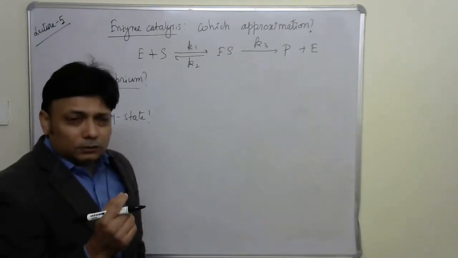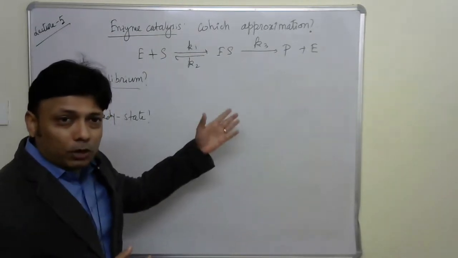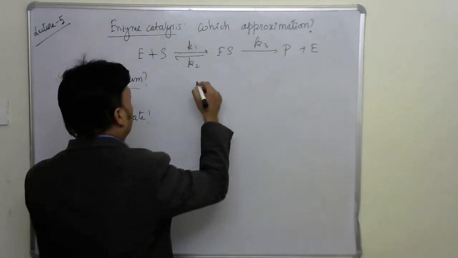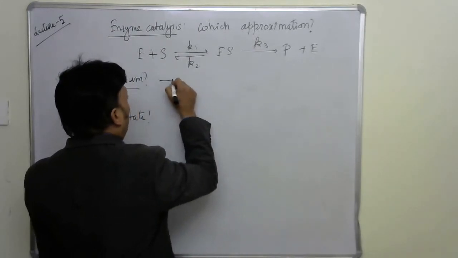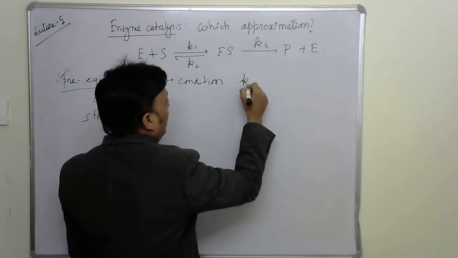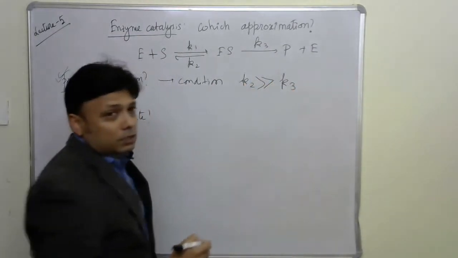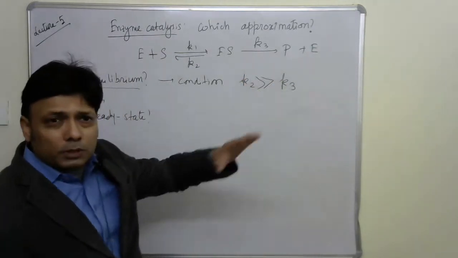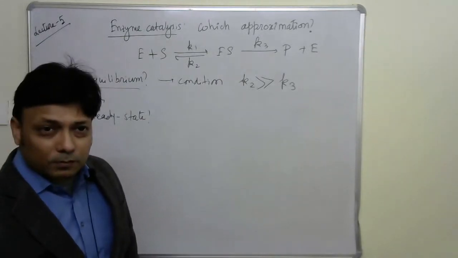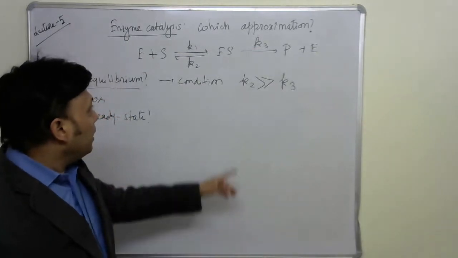If we remember, the sole condition to be satisfied for the pre-equilibrium approximation, we figured it out in lecture number 3, is that k2 has to be much greater than k3, or in other words, the final rate constant should be negligibly small compared to the backward rate constant. Now look at the enzyme catalysis.